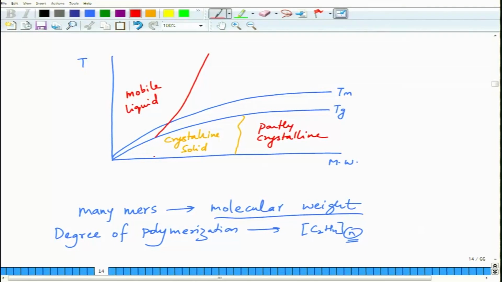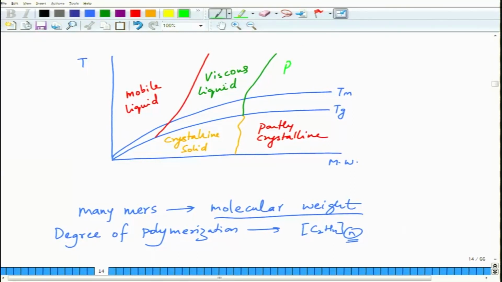So, for lower molecular weights, conversion from crystalline to mobile liquid happens at lower temperatures. At a higher range, somewhere in this range, it makes a viscous liquid, and that makes sense because if you increase the molecular weight, it becomes more and more difficult for chains to move. As a result, the viscosity of the liquid goes up, even in the melt form.